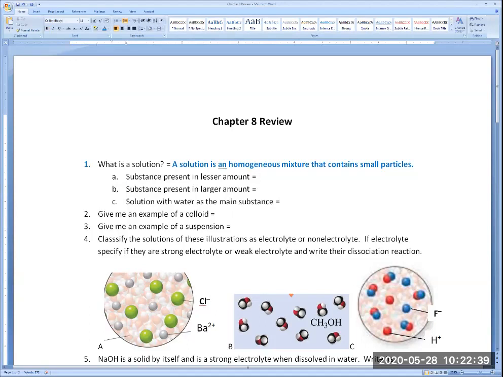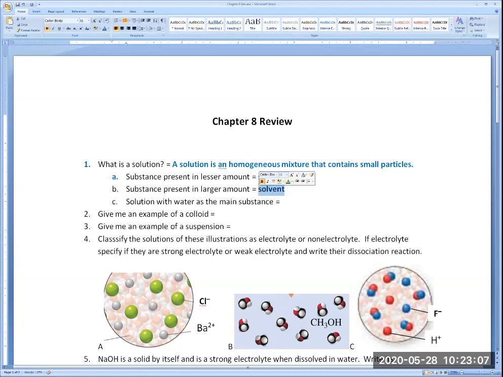In a solution, and it's true that this chapter will all be about liquid solutions, when you have two substances only, the substance present in the lesser amount is called a solute. That's the name for the substance in the lesser amount. And the substance present in the larger amount is called a solvent.